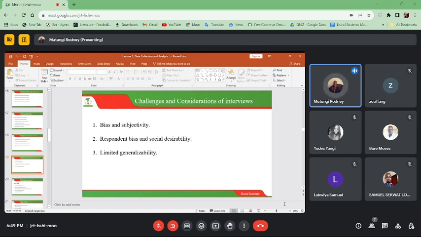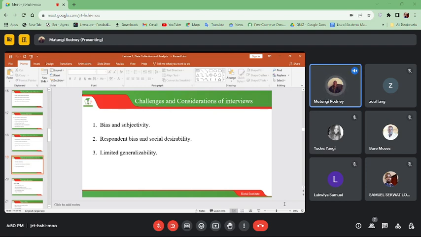Okay, then respondent bias and social desirability. Sometimes respondents answer in a way that they want to please you, or please the people that are around, or that they stay with.